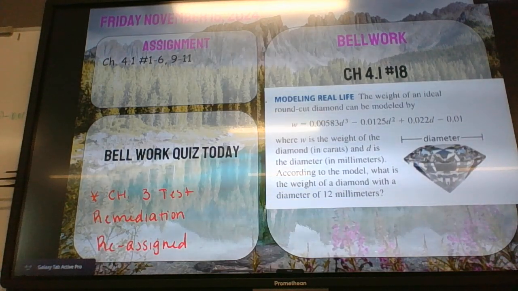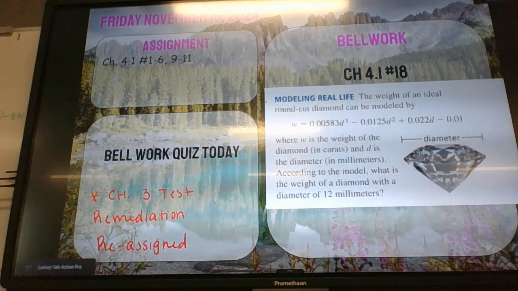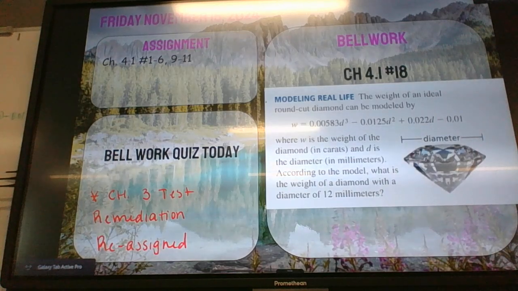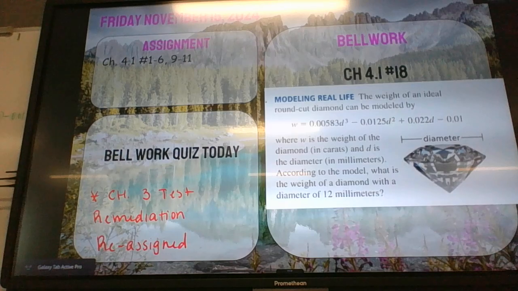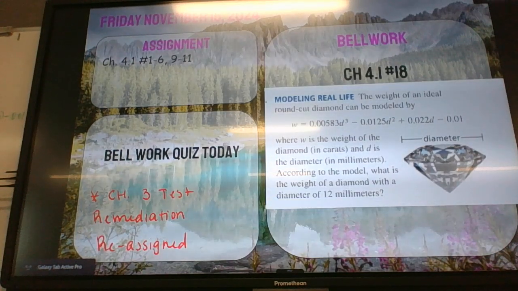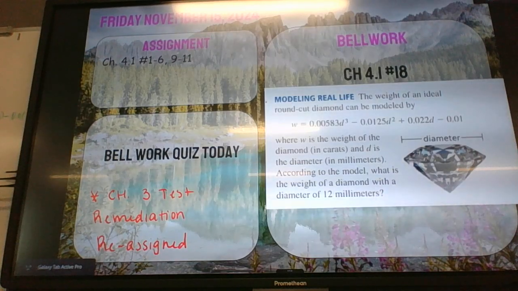So I'm gonna answer this in a nice complete sentence. So think about the carat of the diamond, the weight of a diamond. This makes me think about that movie Blood Diamond. Anybody seen that? It's violent.